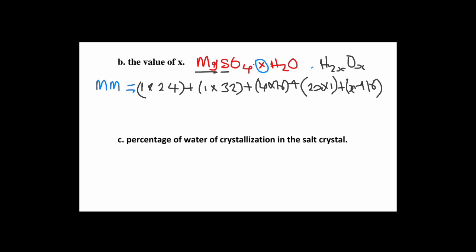We have formed an equation. Now, the molar mass we have calculated here is 246. So where we have the molar mass, we are going to put 246.